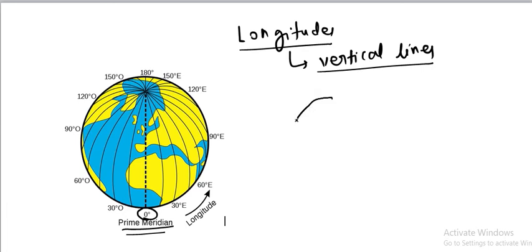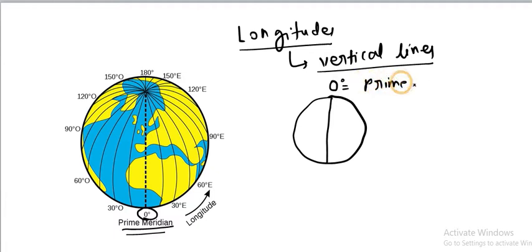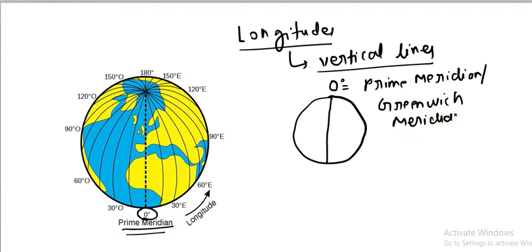If I draw a globe here, there is a 0 degree longitude, and this is called the prime meridian, or it is also called the Greenwich meridian, or also called the chief meridian, right?